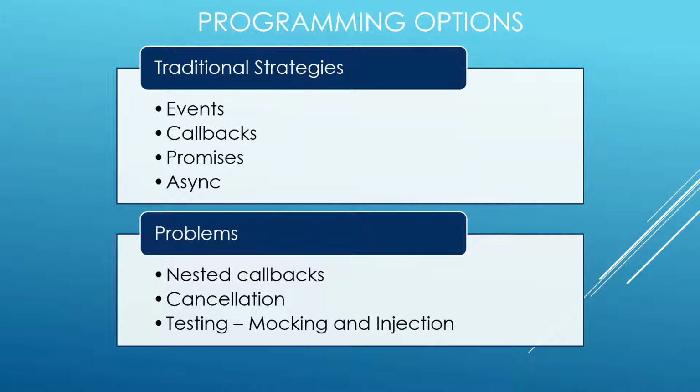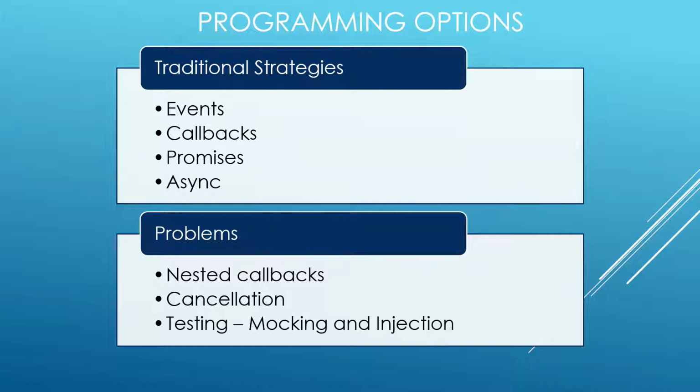Let's say we're issuing a web service request and we have a callback. How do you cancel the request? You don't, right? But maybe you want to. Let's say somebody's typing and they stop typing, and so you send a web request off and they start typing again. You want to say, well, ignore that request and let me go ahead with whatever the next request is when they're done typing again, right? So cancellation is an issue.